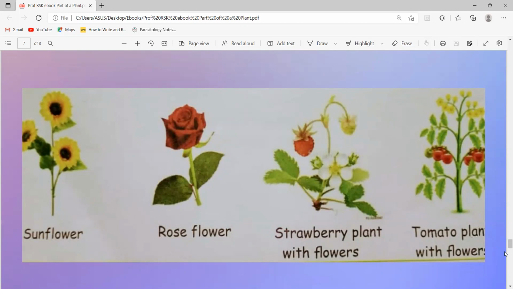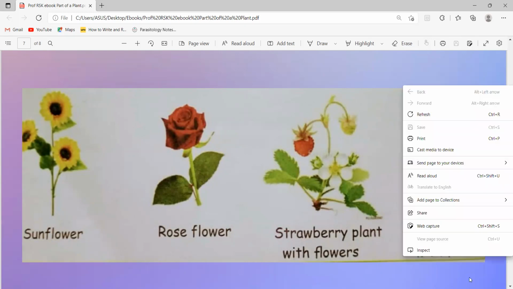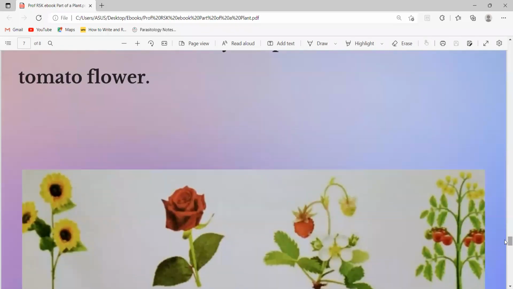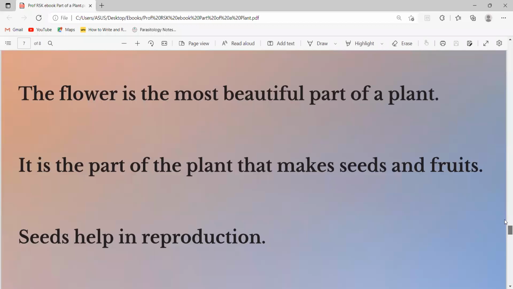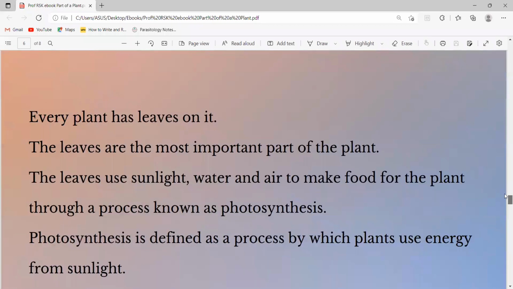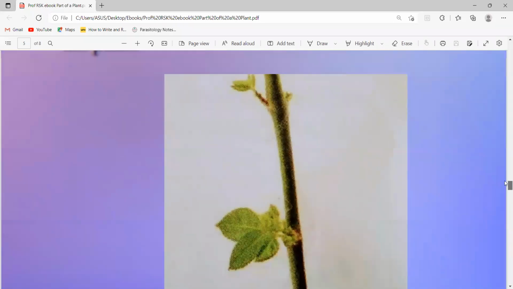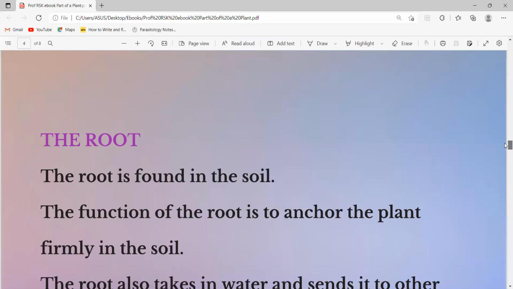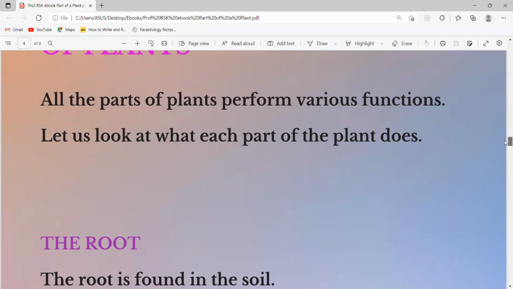All right. So I want to say a big thank you. We have discussed the importance of the other parts of the plant. We have looked at the stem, the leaves. We have looked at the roots, and we have discussed this.